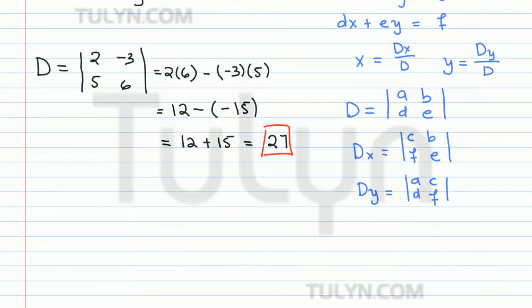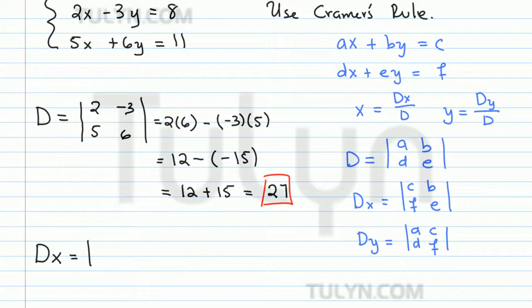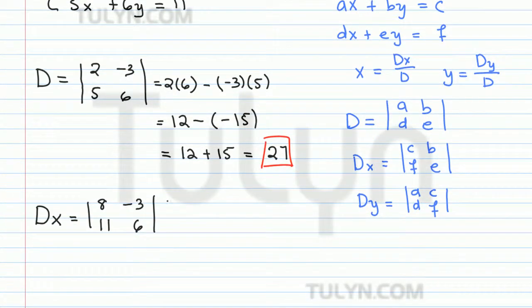Great, let's find Dx now. Let's look back at the system of equations. Now Dx, you replace the x coefficients with the constant terms. So instead of 2 and 5, we're going to write 8 and 11, and then the y coefficients stay the same. So we get negative 3 and 6. So now, solving this 2 by 2, we get 8 times 6 minus negative 3 times 11.